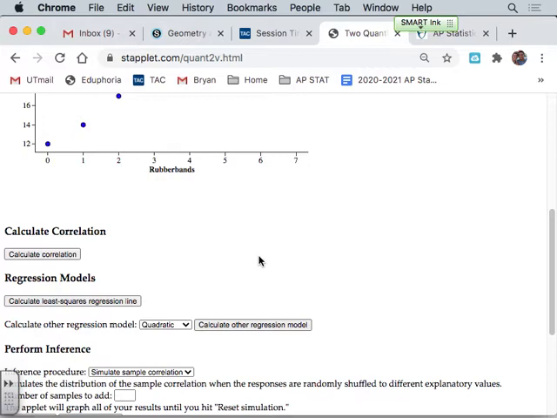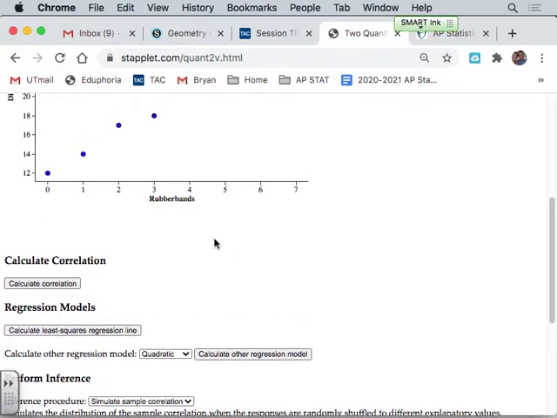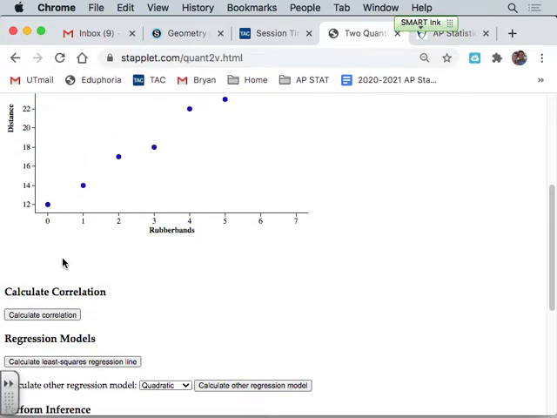R equals blank. So on Staplet, there's a nice little spot here that says calculate the correlation. If you're doing this with your calculator, you would do a menu and you do a linear regression. Yeah, for right now, we're going to do linear.